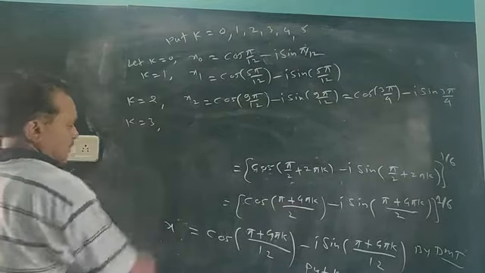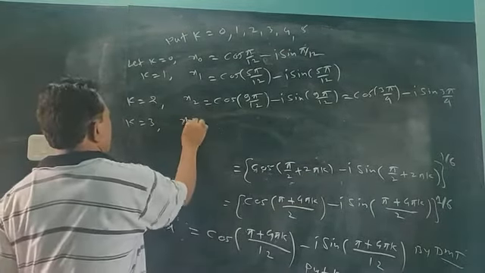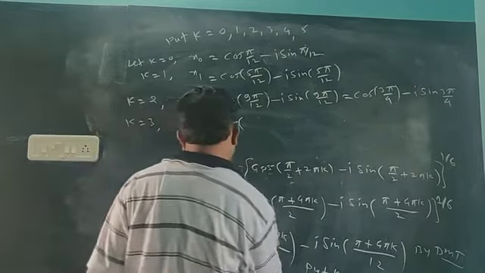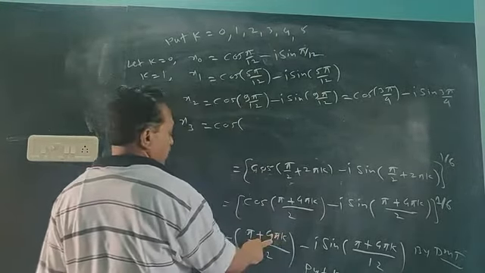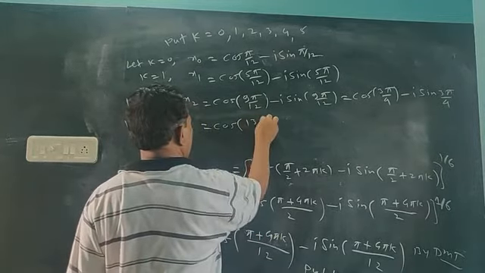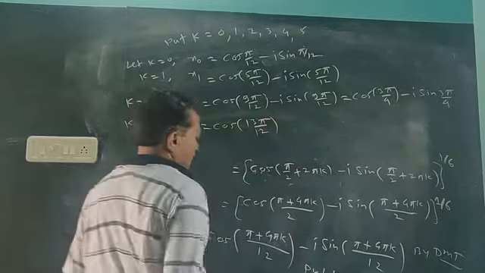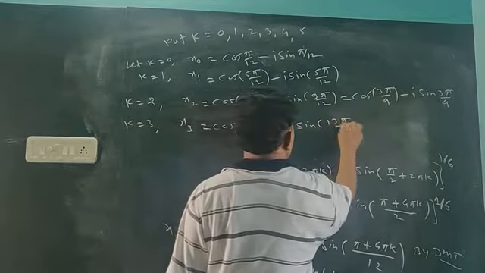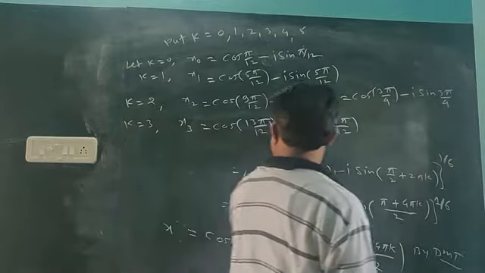K is 3, x3: 12 into 4 pi into 3, 12 plus 1, 13 pi by 12 minus I sin 13 pi by 12.